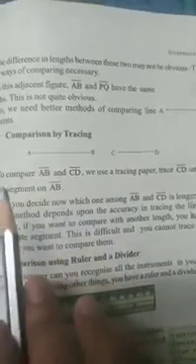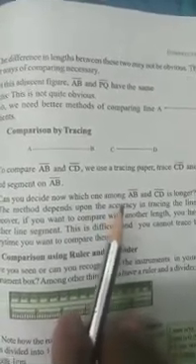But this method depends on accuracy only. While tracing we have to maintain accuracy, then only we will get the correct answer. But this is a very difficult method and we cannot trace the length every time. So to find a better method, let's move on.